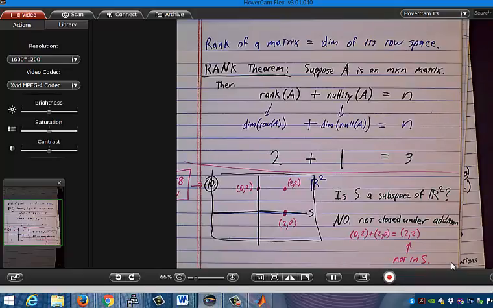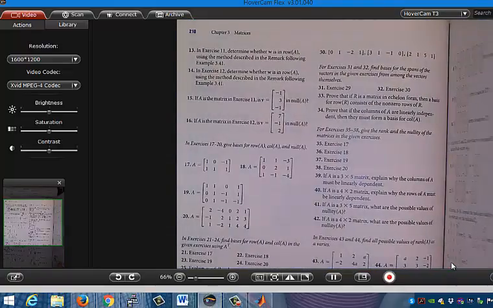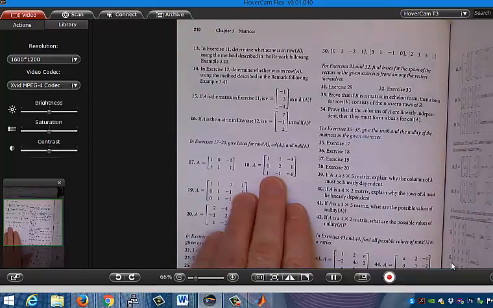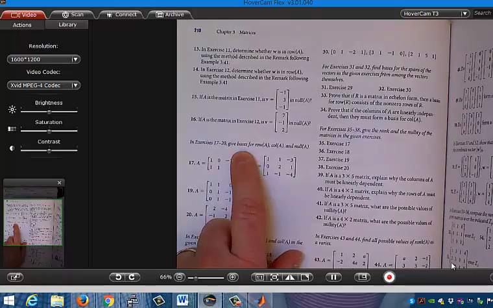And then when we got to 17 and on, some people had trouble with that because I hadn't gone over all the directions yet, right? So it says, for number 17 or 18 or 19, give a basis, that's the plural of basis, right?